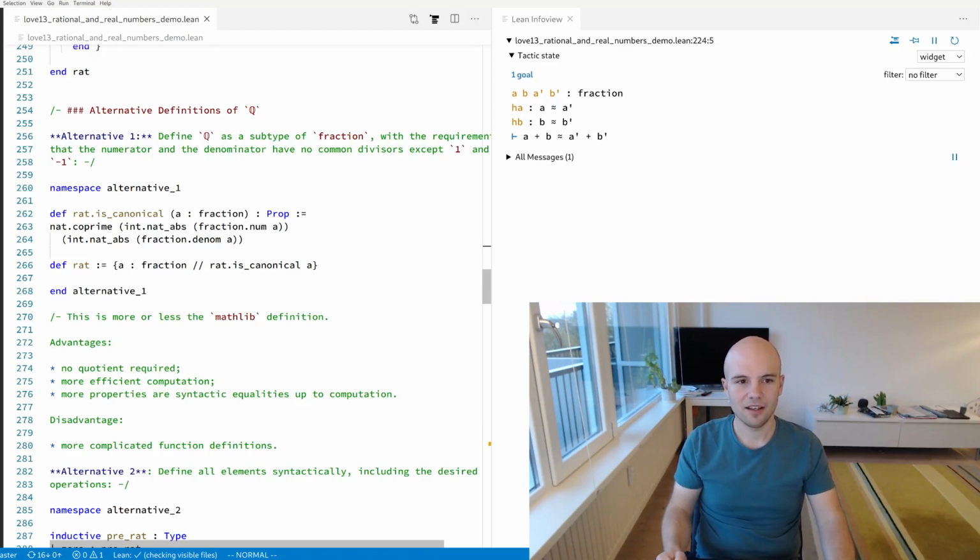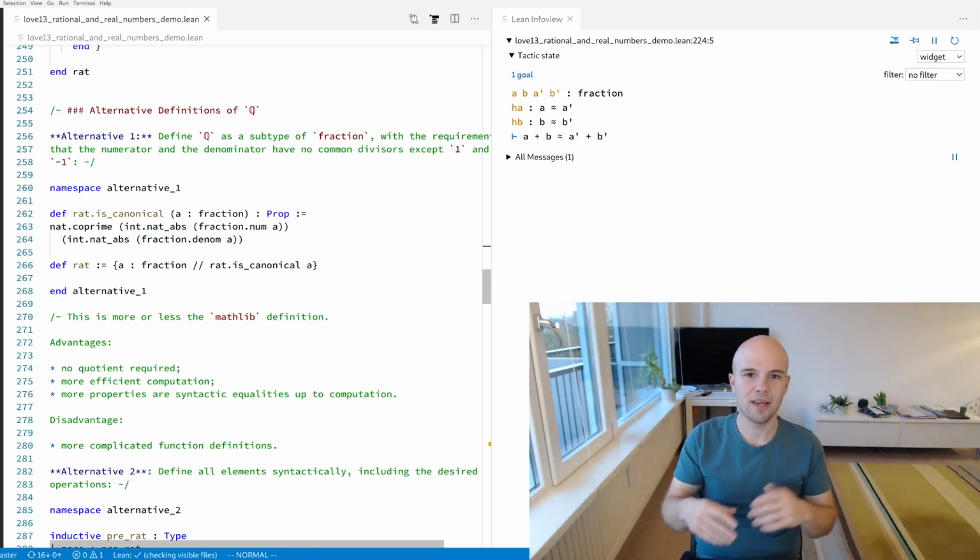Another advantage of subtypes lies in the way the Lean virtual machine operates. Both subtypes and quotients are evaluated in the virtual machine as operations on the underlying type. So both the quotient.mk operation and the subtype.mk operation don't do anything at all.